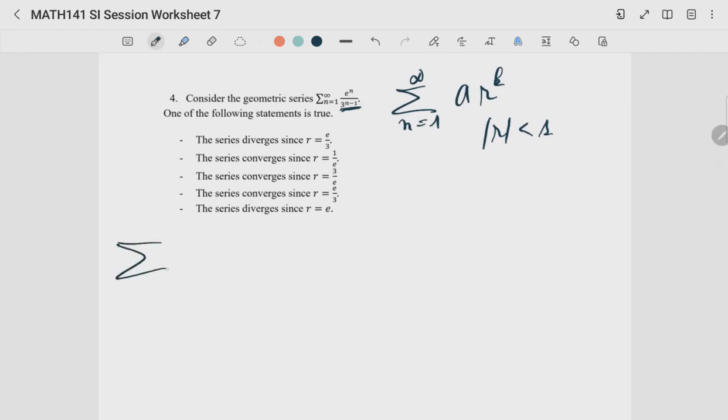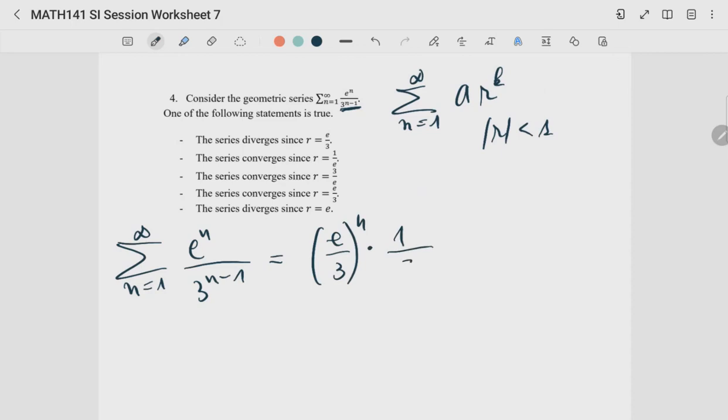The series is given as the sum from n equals 1 to infinity of e to the n over 3 to the n minus 1, which can be rewritten as e over 3 to the n times 1 over 3, right?